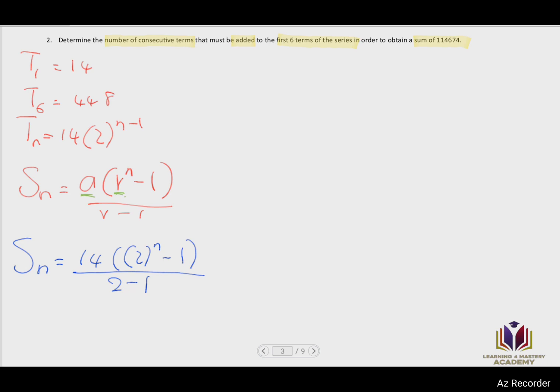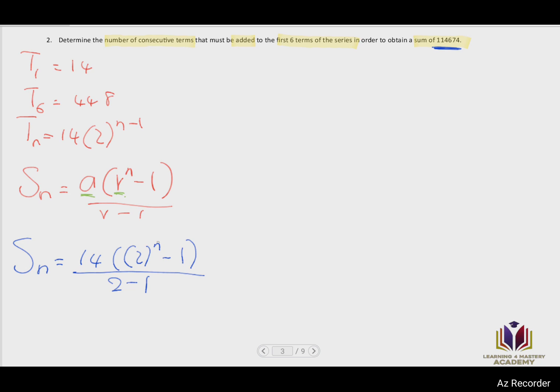From here we know that the sum is given, right? What's the sum? The sum is 114,674. But remember, this sum is not for the first 6 terms. It's for the first 6 terms added with an unknown number of terms. And remember, what are we looking for?